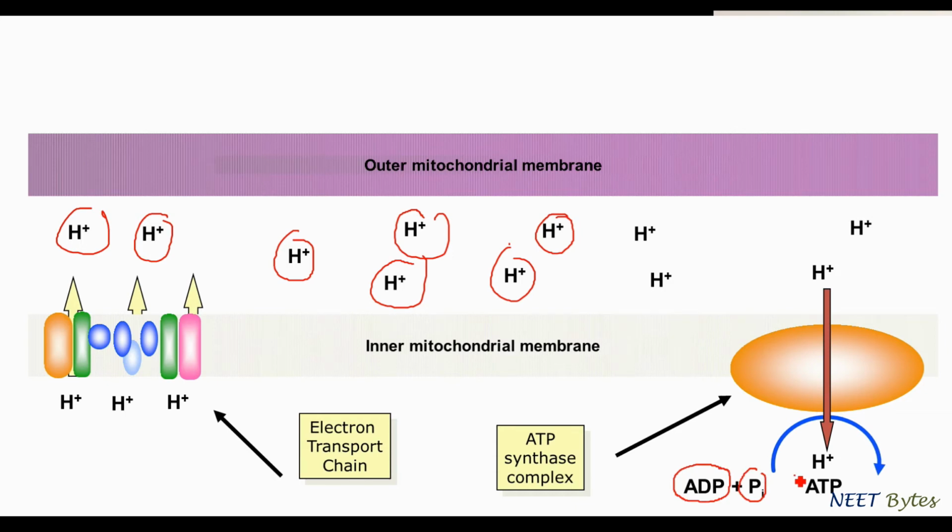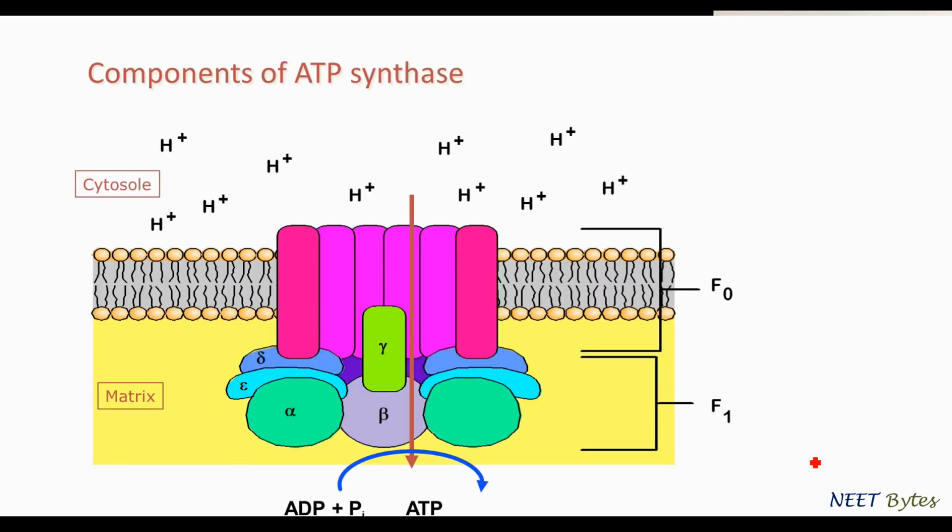When it comes, what happens? Energy is released, and that energy is utilized for the coupling of ADP and phosphate forming the ATP. So this is how oxidative phosphorylation happens, and it works in a similar manner in the case of respiration as well as photosynthesis.